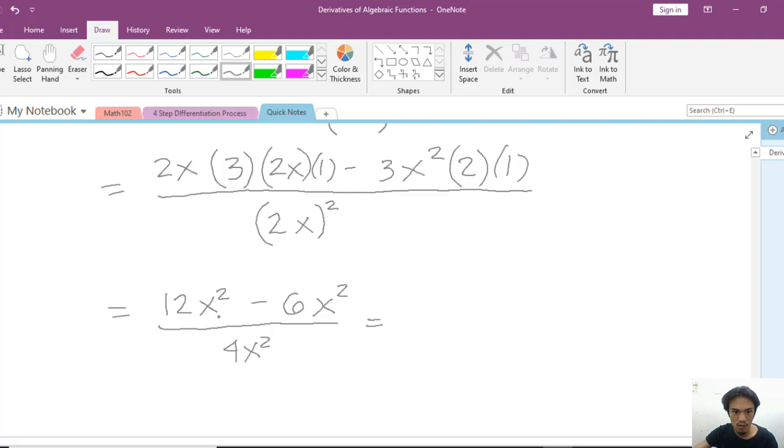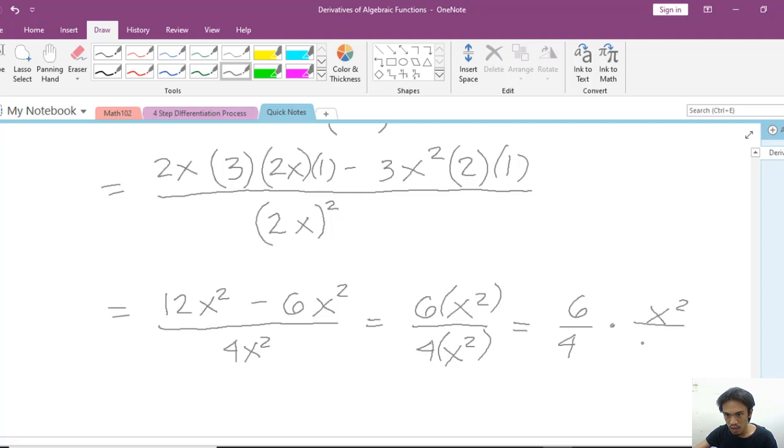Simplifying, you will have 12x squared minus 6x squared is equal to 6x squared. Divide this by 4x squared. This is equal to 6 divided by 4 multiplied by x squared over x squared, and x squared divided by x squared, or the value divided by itself, is simply equal to 1.